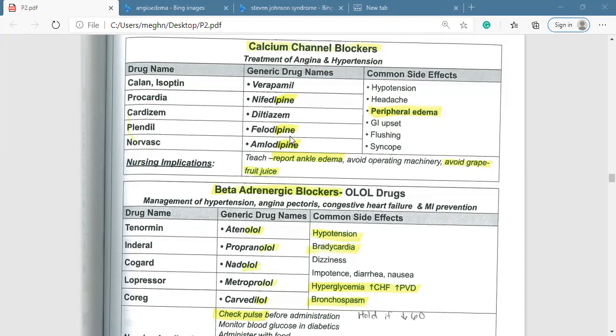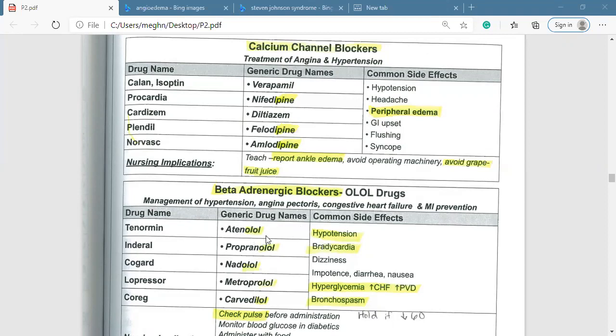Again I say they end in pine. Examples are amlodipine, nifedipine, or felodipine, verapamil and diltiazem. Every name is important. If you do not read now, you will forget it and you will miss your license.